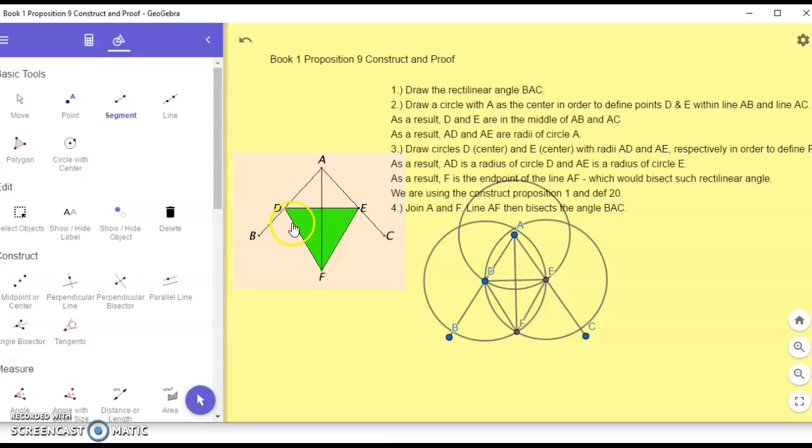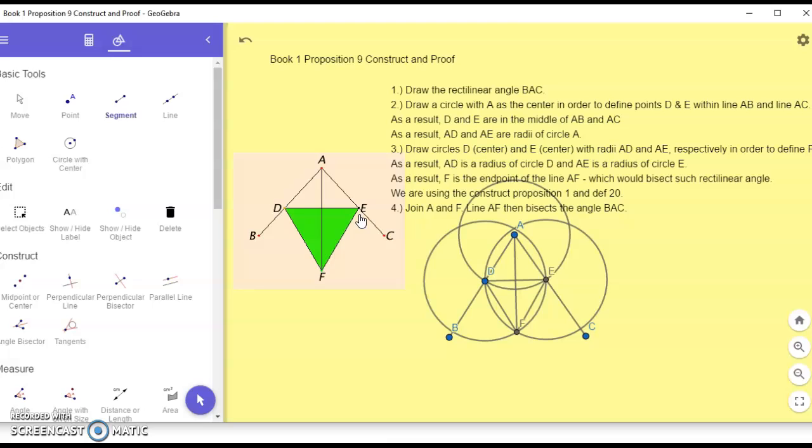Hence, we have triangle DAF congruent to triangle FAE. And using the parameters again of congruent triangles, we can say that the angles contained inside the congruent triangles are also equal. So therefore, class, we can say that angle DAF is equal to angle FAE.